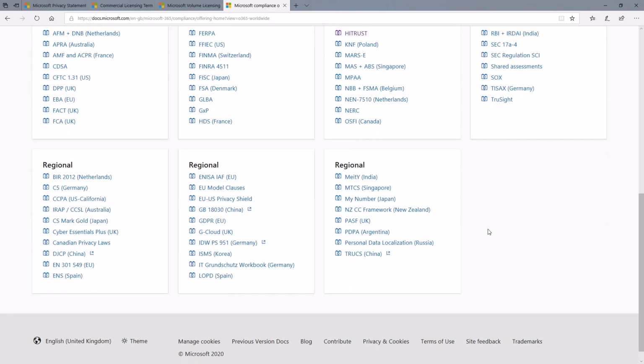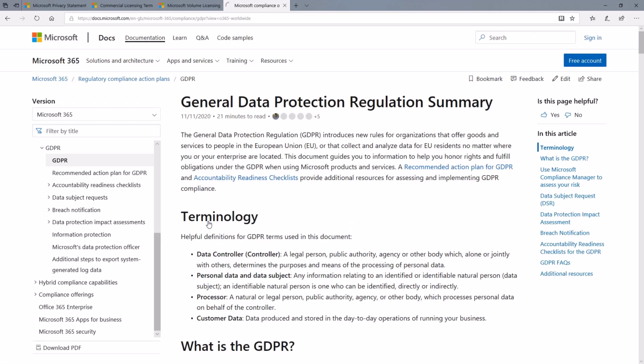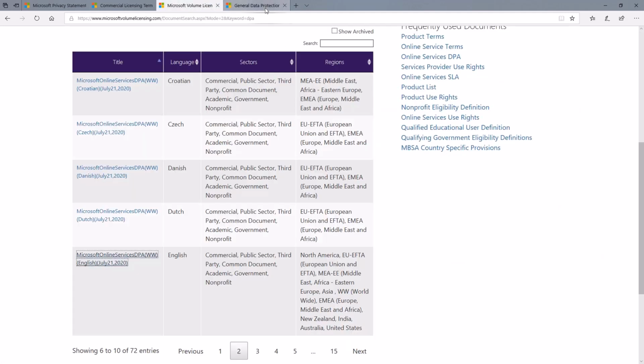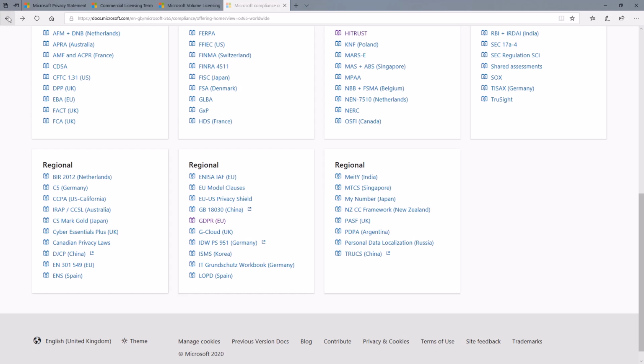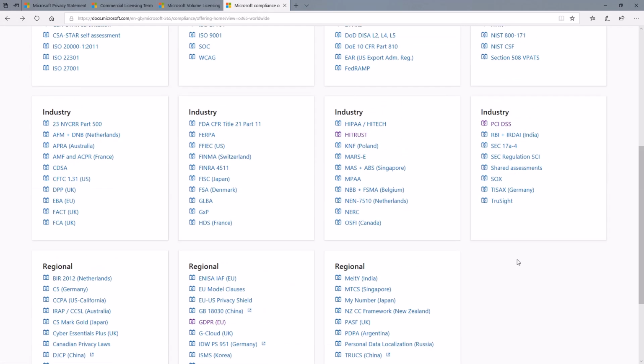We've then got regional requirements, and I think the biggest one by far is the GDPR, the General Data Protection Regulation, which is in the European Union. So the Azure Compliance Documentation provides detailed reports about how Azure is compliant with these standards.